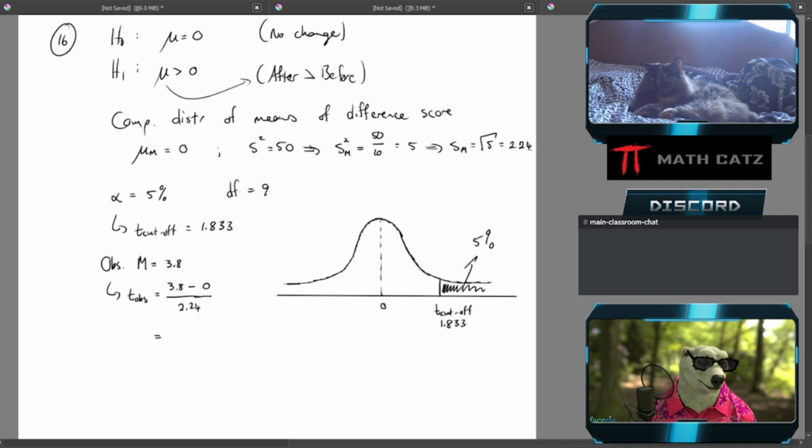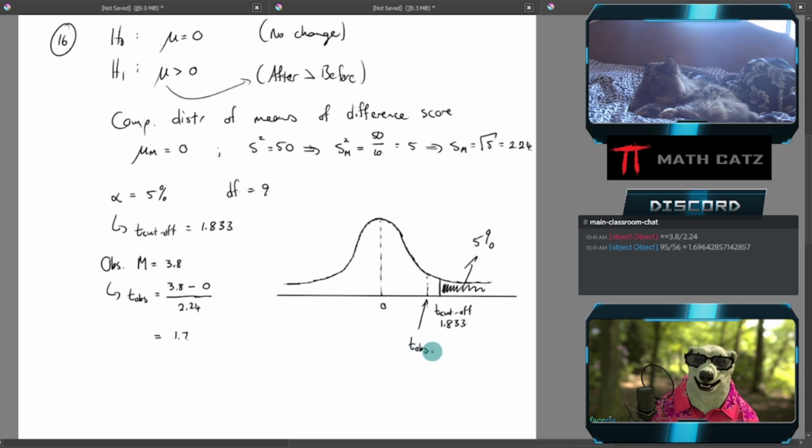Let's go to our calculator and calculate that. I don't have to type in the 0 there. 3.8 divided by 2.24. And we get, if I round that, 1.7. And then I can see, every example I pick is just not strong enough evidence.